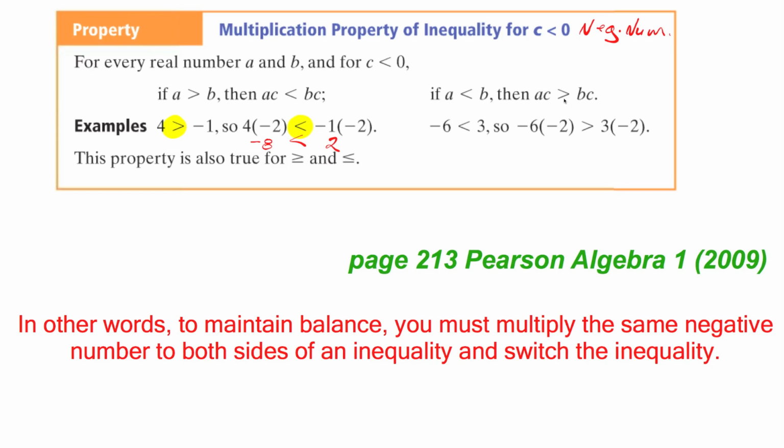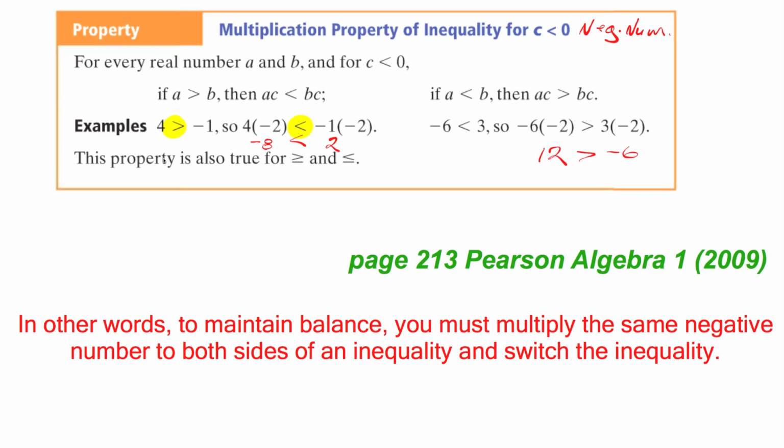So if we multiply both sides by a negative number, we switch a less than symbol into a greater than symbol. With numbers, -6 is less than 3, which we all know is true. When we multiply both sides by -2, we have to turn it around to a greater than symbol because -6 times -2 is +12. And that is greater than -6, which is given by 3 times -2.